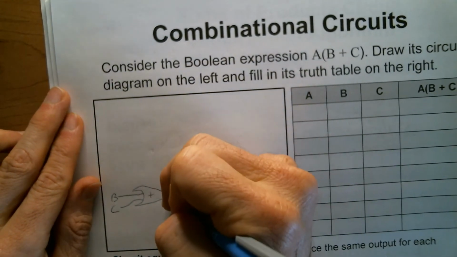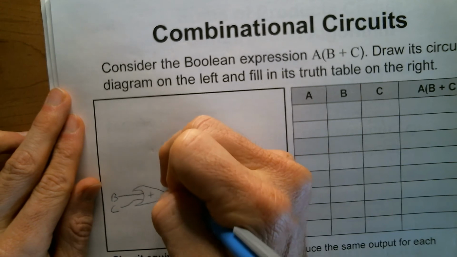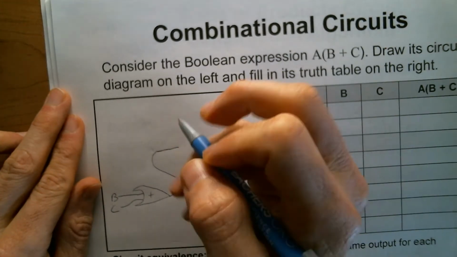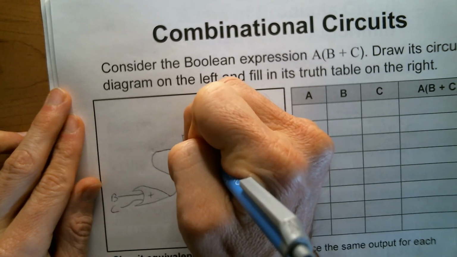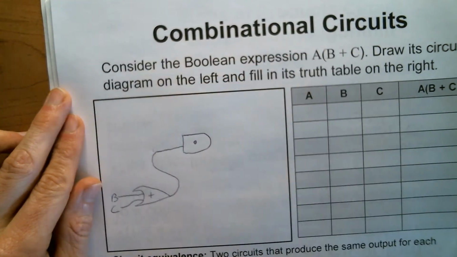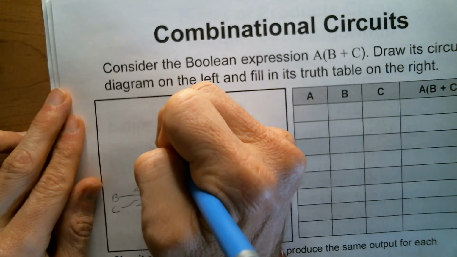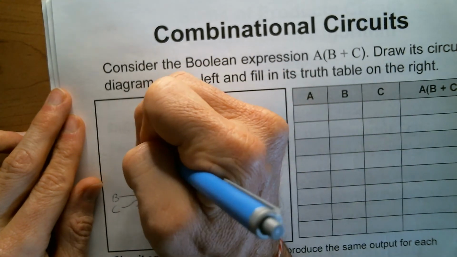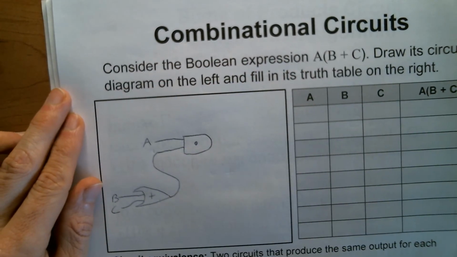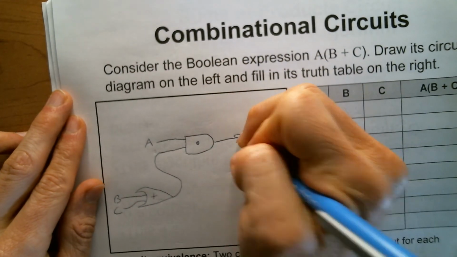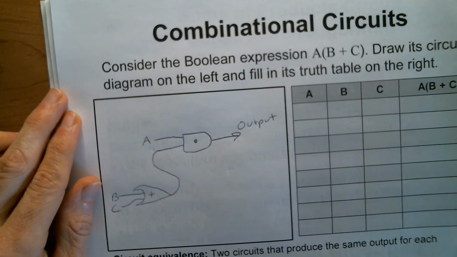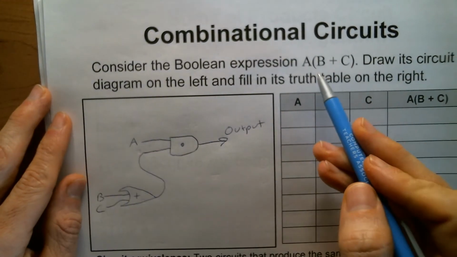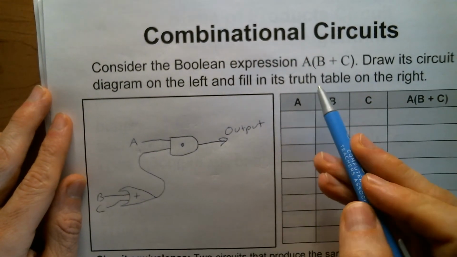The output of this is then going into an AND gate. There's my little multiplication sign, so you know that it's an AND gate. And the other input to this AND gate is my A input. This would be my final output.